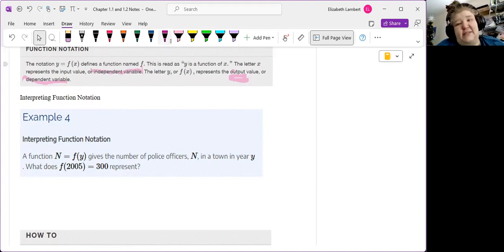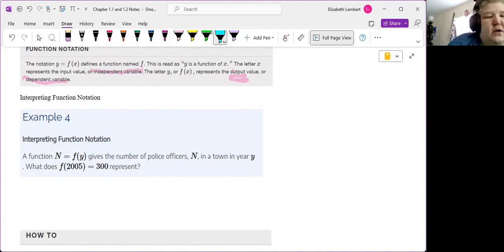Like write a sentence so these numbers make sense. So when I look at my format here, f of y, f of 2005, okay, so 2005 is a y, and then I check my sentence, y is a year.